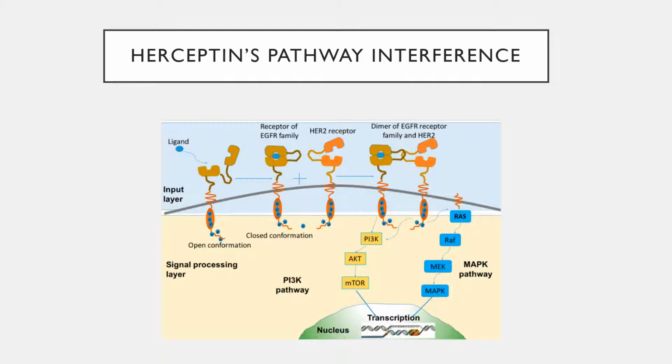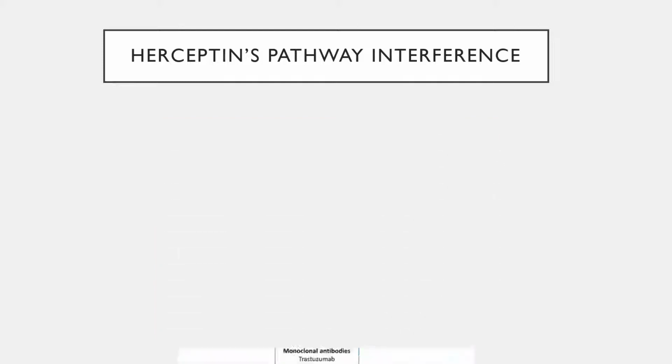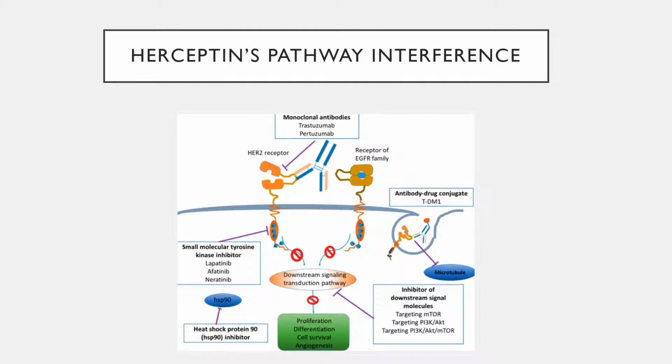And based on these processes, there will be cell division, survival of the cell, proliferation, or any other will be maintained. And of course, under normal conditions, there will be normal cell growth and no tumor will grow. But of course, in breast cancer patients, with the overexpressions of your HER2s, that doesn't occur.